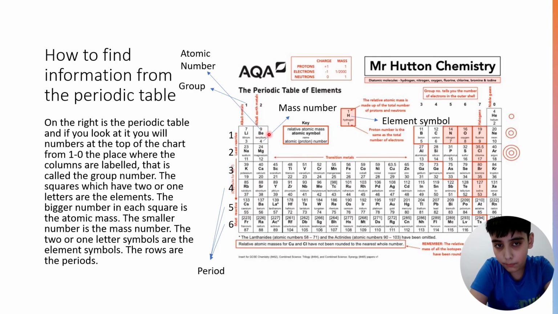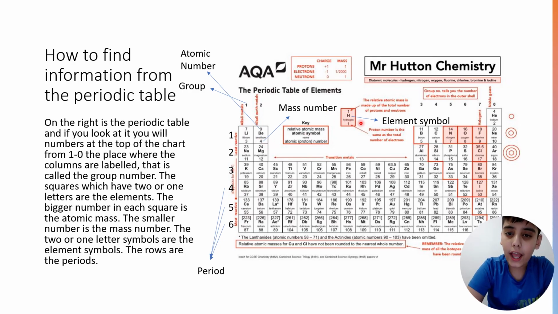The higher number we refer to as the atomic number. The lower number we refer to as the mass number. Not in terms of height, because sometimes they switch around. If you look at different periodic tables, they may be in different orders. So you always look at bigger numbers and smaller numbers.